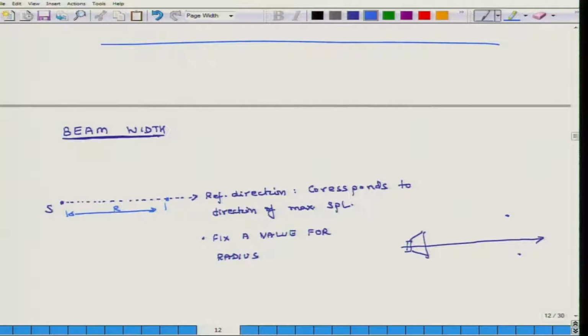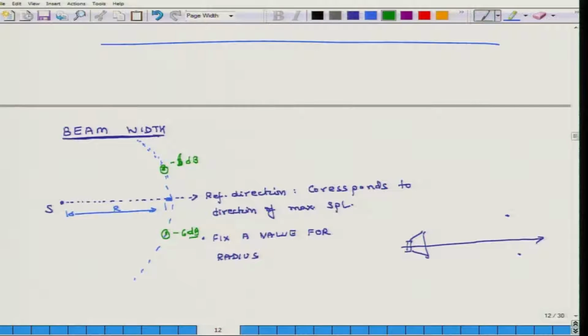Then I will take a microphone and scan the sound pressure level along this arc, which has radius R and center S. The sound pressure level is maximum in the reference direction, say 100 decibels, but at this location it goes down by, let us say, minus 3 dB or minus 6 dB, and here also it goes down by minus 6 dB.